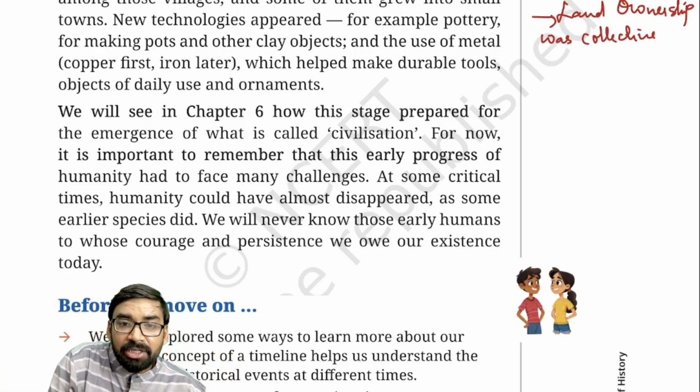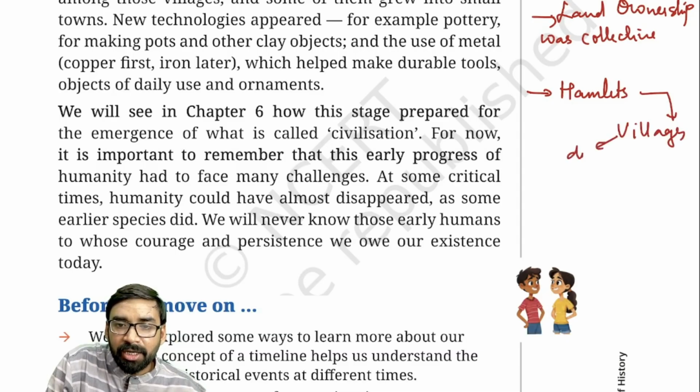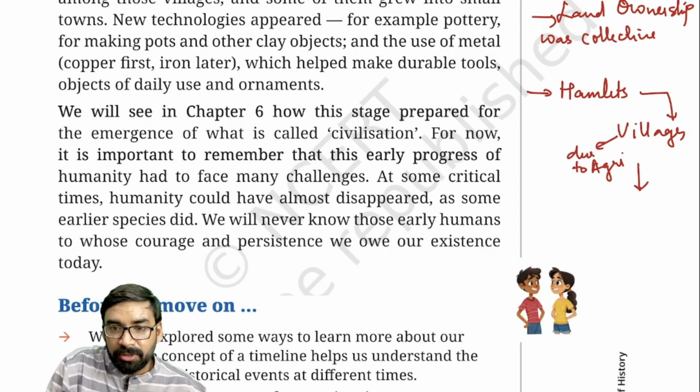So initially you will see that hamlets were there, small groups, communities turned into villages. Now why are villages formed? Due to agriculture, okay? And then gradually these villages turned into towns, development.